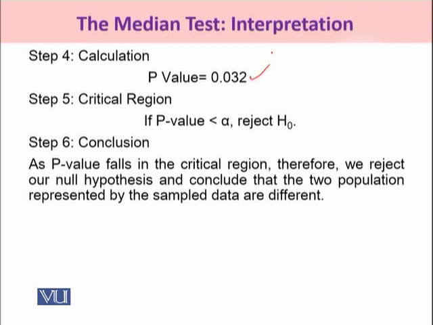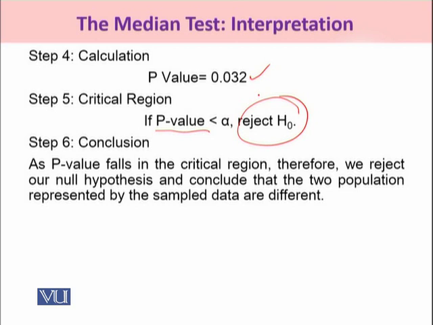0.032. Now students, the next step is to define the rejection region, also known as the critical region, and it is stated that if the P value is less than alpha, we will have to reject our null hypothesis. That means if the P value is less than alpha, the critical value will fall in the rejection region.